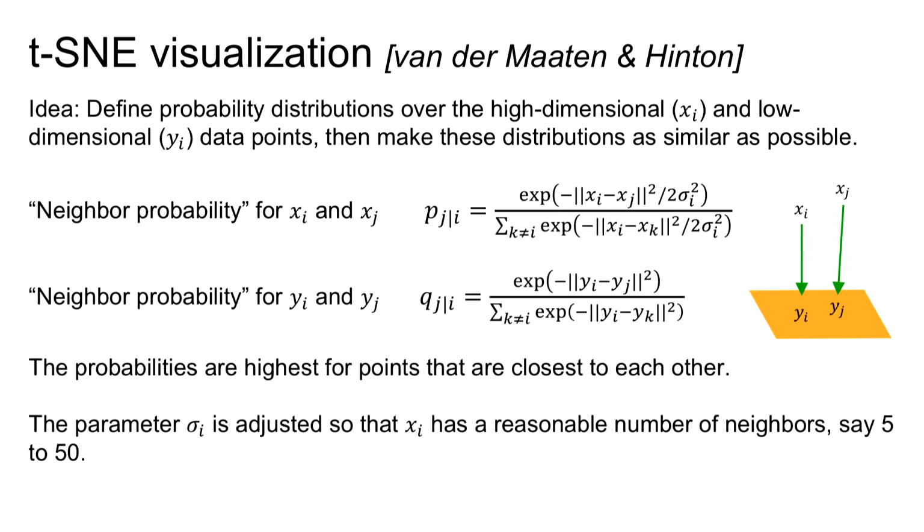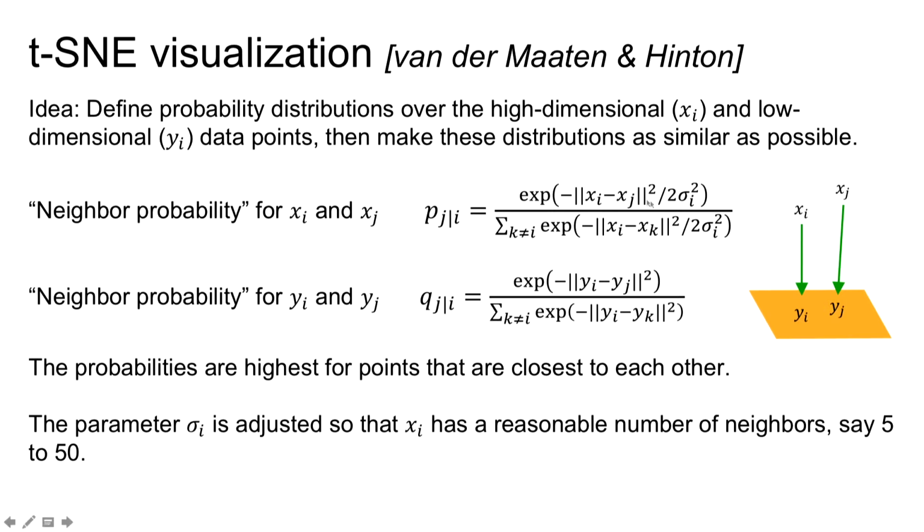We want to preserve similarity and closeness, so we define this value, which we think of as a probability. It's based on a normal distribution on the distance between the points. Does that make sense? It's a normalized normal distribution.